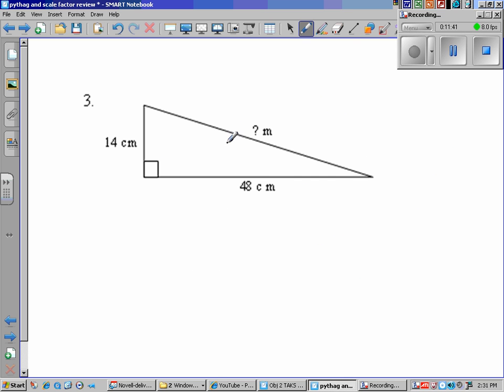Number 3, same thing. We're looking for the hypotenuse. So I'm going to have 14 squared plus 48 squared equals c squared. I have 14 squared plus 48 squared.